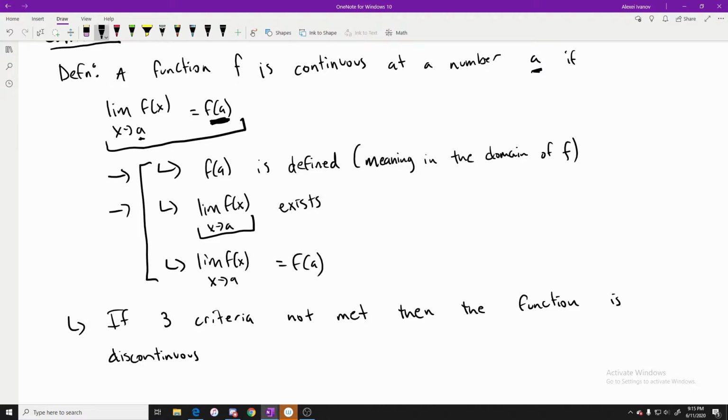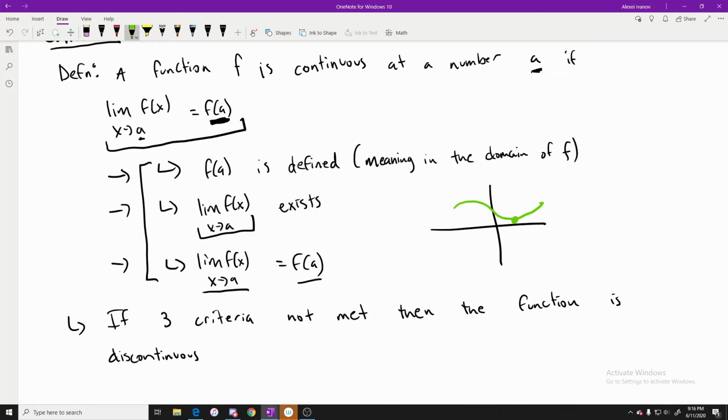And lastly, it has to meet this criteria that this limit is equal to the actual value at f of a. I feel like these three qualities are pretty self-explanatory, but on a graph we can think of it as f of a must exist. So we can't have, let's say, a function like this and then all of a sudden a hole right here.